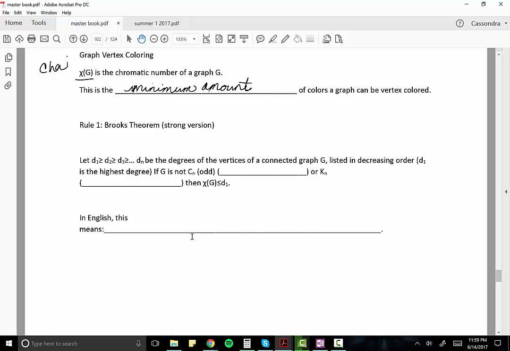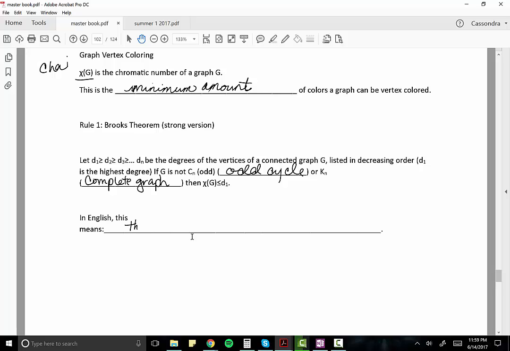If G is not an odd cycle, which has its own rules, or Kn, or complete graph, which also has its own rules, then the chromatic number of the graph is less than or equal to the highest degree.